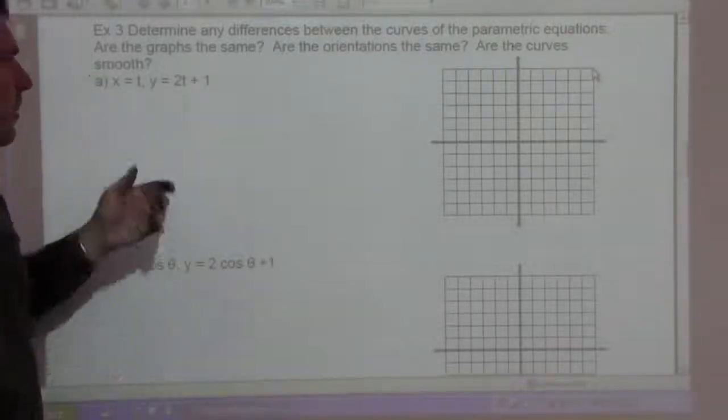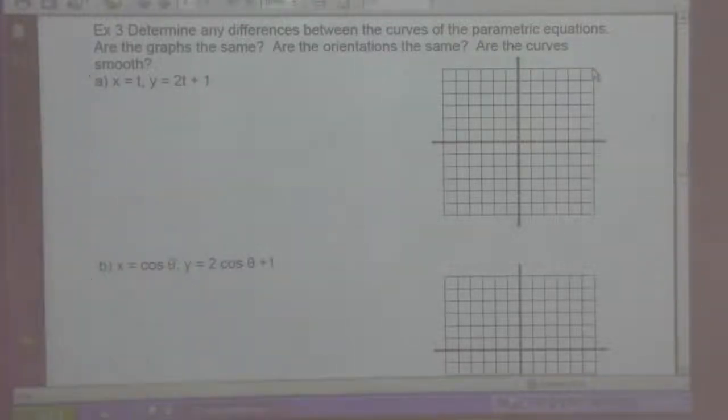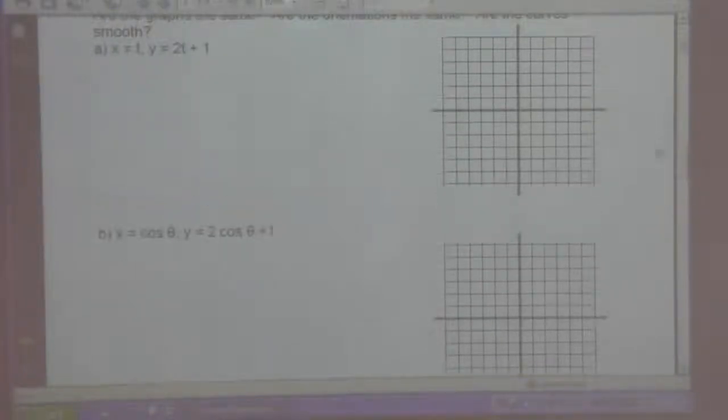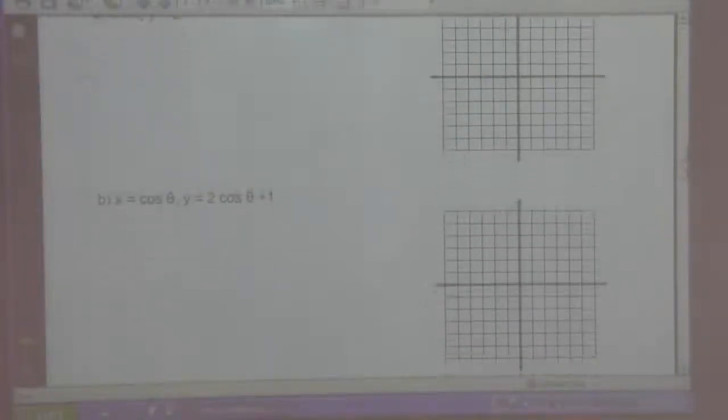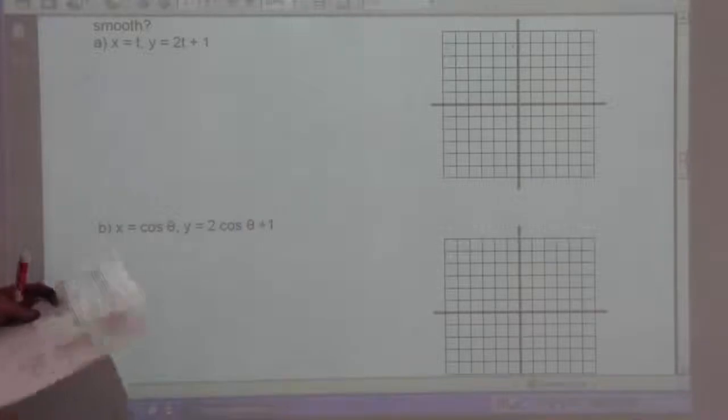Are the graphs the same? Are the orientations the same? Are the curves smooth? So let me scroll up a little bit more so we have both the curves on one screen. There is a C and a D. So we'll start with these two, then we'll go to the next page.